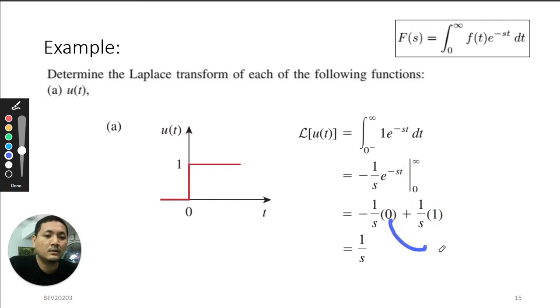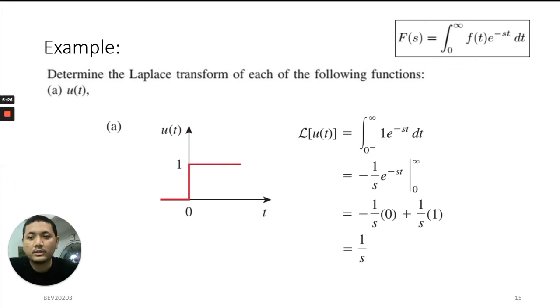At infinity, e to the negative s infinity equals 0. So the Laplace transformation of u(t), or of 1, is 1 over s.